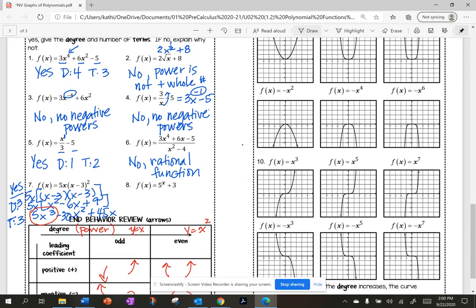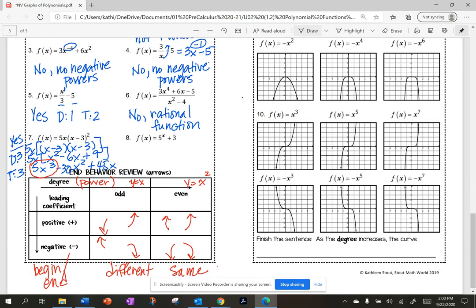If I have odd powers with a positive coefficient, I begin at negative infinity and end at positive infinity. And I begin at positive infinity and end at negative infinity for a negative coefficient.